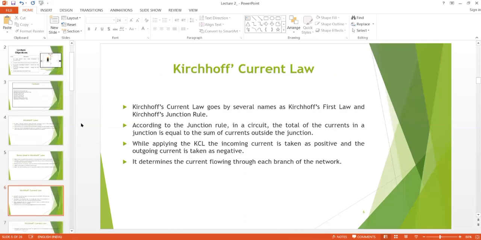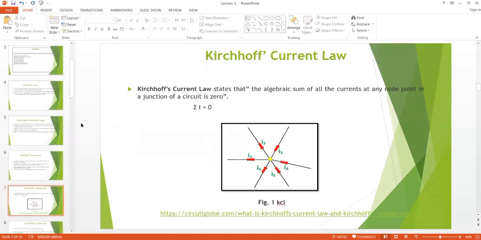So we can say first law, second law, according to the junction rule, according to the mesh rule, and so many names are given for Kirchhoff's laws. You can see easily Kirchhoff's law states that the algebraic sum of all the currents meeting at a point or a node point. Now, over here you will be confused if you talk about two branches, three branches, because the statement says the currents at any node point or a junction.